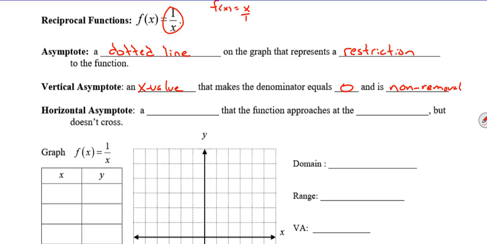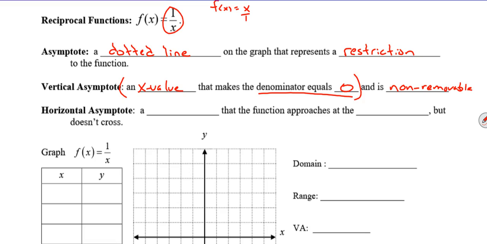We'll talk more about the non-removable part as we get into more complicated rational functions, but for right now, it's only an asymptote if you can't remove this restriction. If you can remove it, it'll be something different. But for now, a vertical asymptote is an x value that makes your denominator equal 0. That's the key part we want to focus on here.